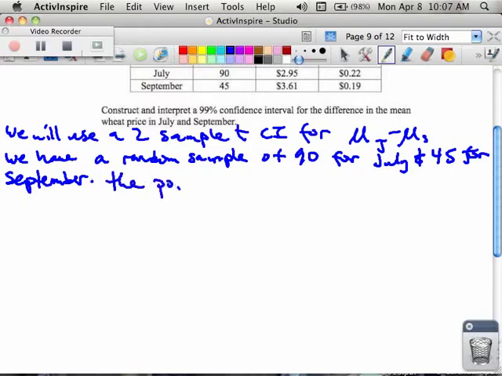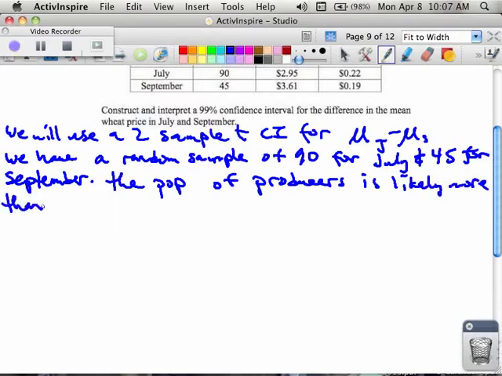The populations of producers is likely more than 900. So, oops, both samples. They count as independent random samples.